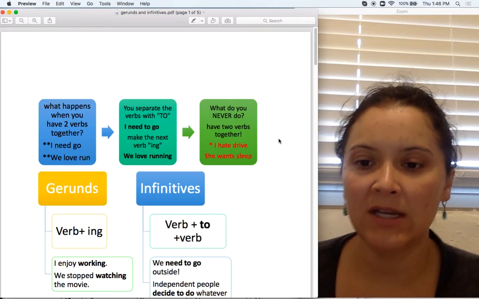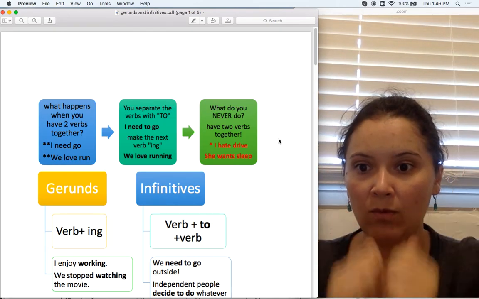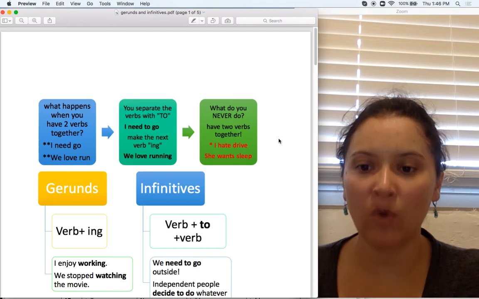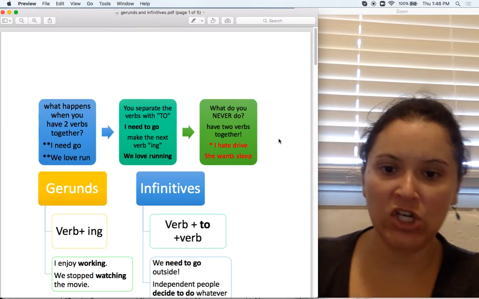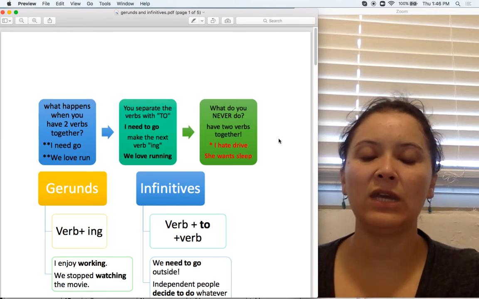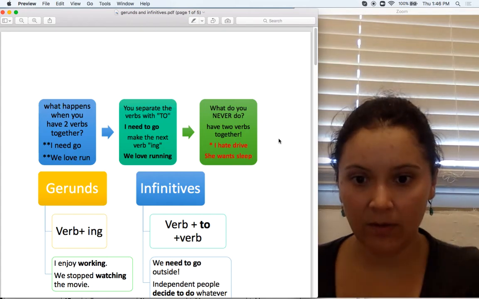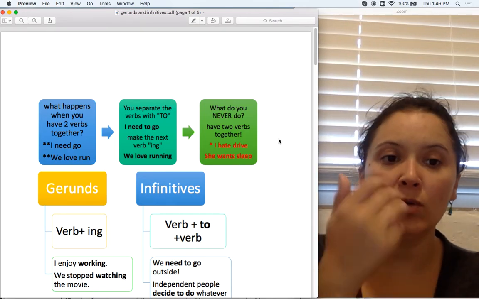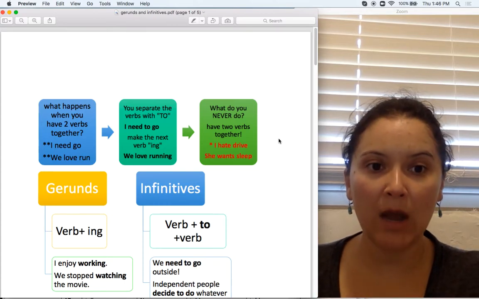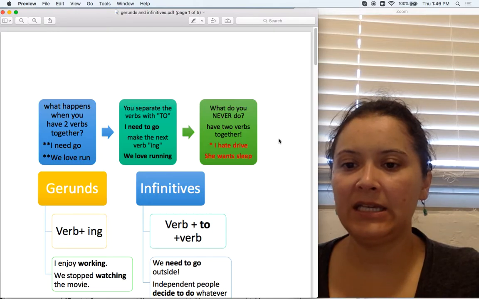What is the gerund? Well, the gerund is the ing form, right? The gerund is the ing form. I enjoy working. I stopped watching, right? And the infinitive is the to and the verb together. I need to go to the store. I decided to eat vegetables from now on. All right? And that's the basic idea.